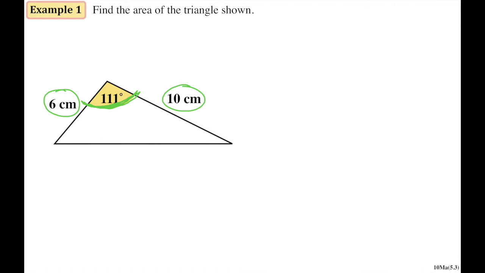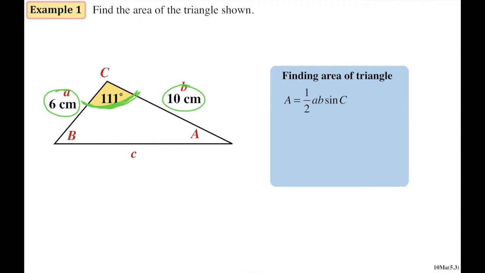When I'm actually doing this question, I could go and label all my side lengths and write down the formula, but I tend to recognize if I know the angle and the two sides that create the angle, I can just go straight to the formula and go the area, and be careful, that A there doesn't stand for angle A, it stands for area. And I'll often write the word there instead, but I haven't here.